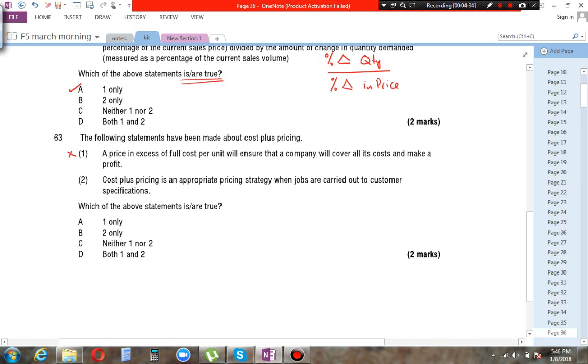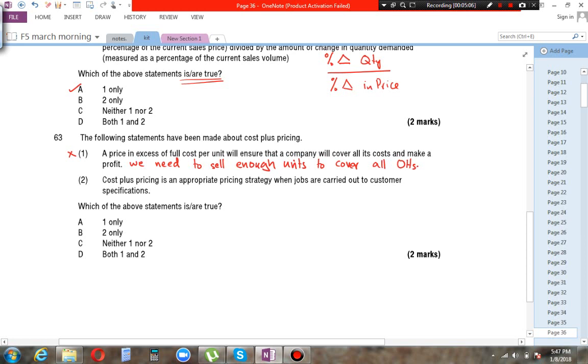Because we need to sell enough units to create sales revenue for us to cover all overheads, right?